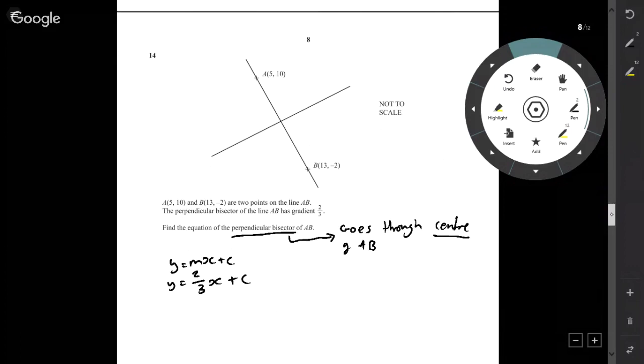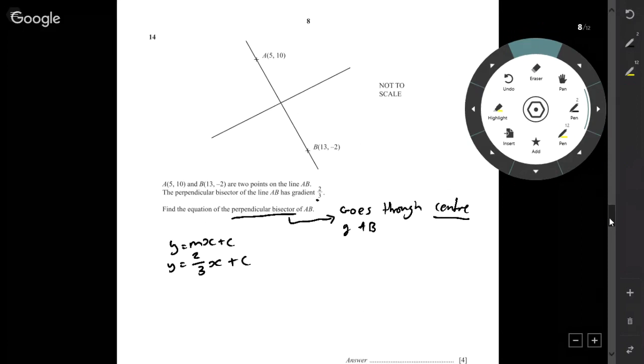The question has given us the gradient of the perpendicular bisector, so we can pop the gradient in here, as m is the gradient. We've popped that in already. The next thing to do is find out what c is, and to do so, we need a coordinate.